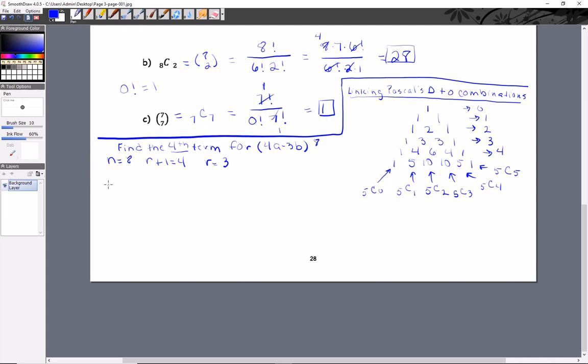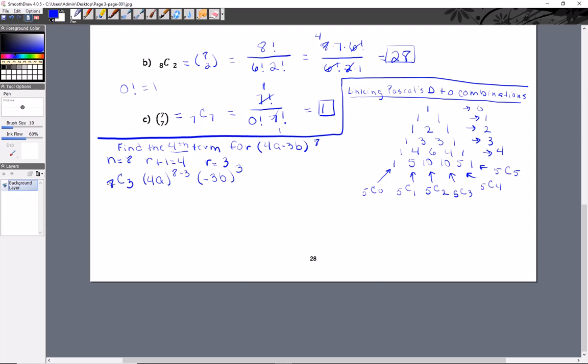So let's go ahead and we'll start out with the coefficient part, and we'll just go ahead and do it with combinations. So that's 8, choose 3. And that'll produce a number in your calculator, which will then multiply to 4a, that's the first piece of it, and that's the n minus r power, so that's 8 minus 3, which will be 5. And then the second part of this binomial, that's negative 3b to the r power, which will be 3.